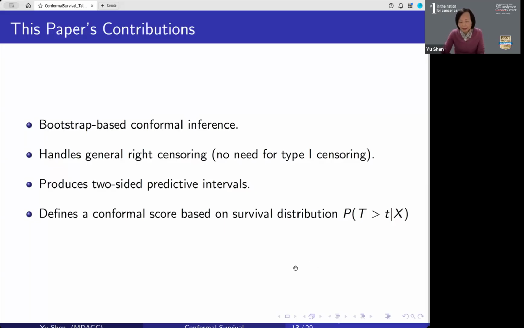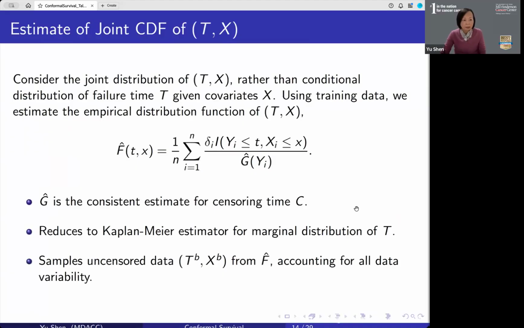For survival data, it's a bit hard to use the residual, but some people use the difference between the survival probability and 0.5, so using the median as a reference point. One key step in our approach is, remember, that the observed training data and testing data are not exchangeable due to the right censoring.